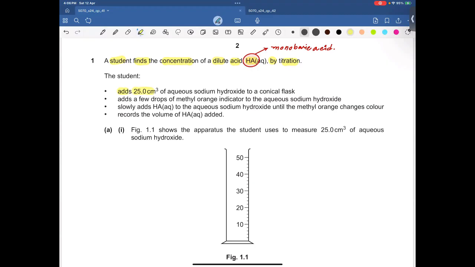The student adds 25 cm cube of aqueous sodium hydroxide to the conical flask. Obviously, I'm going to use a pipette or volumetric pipette to measure this volume. All right.